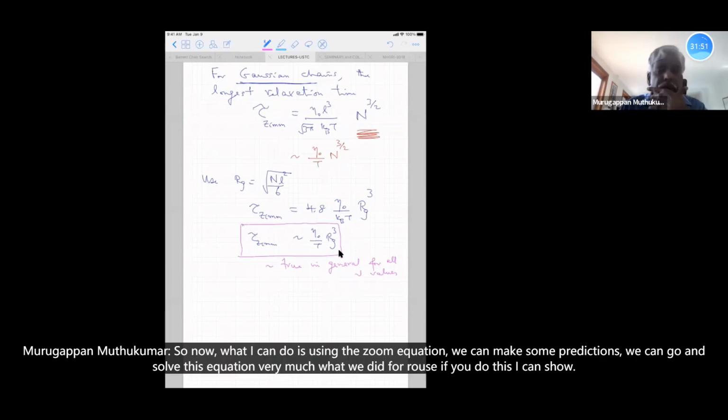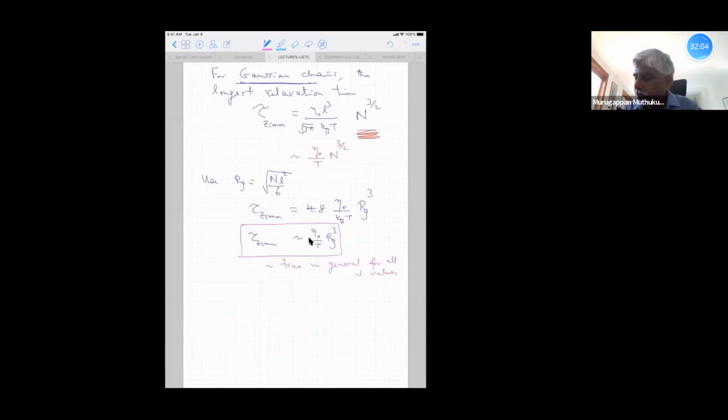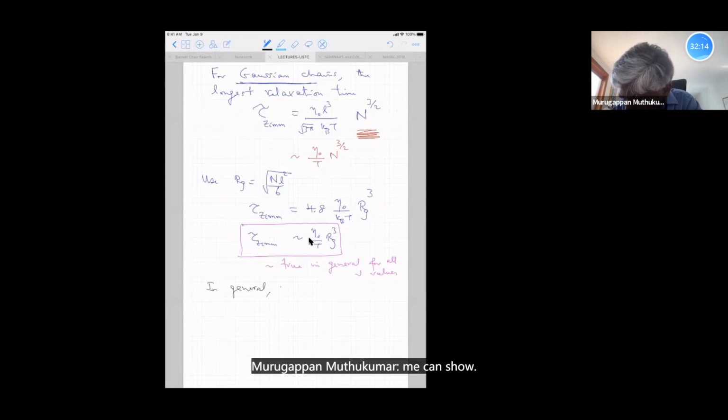So now, using this Zimm equation, we can make some predictions. We can go and solve this equation, very much what we did for Rouse. If you do this, in general we can show the following.